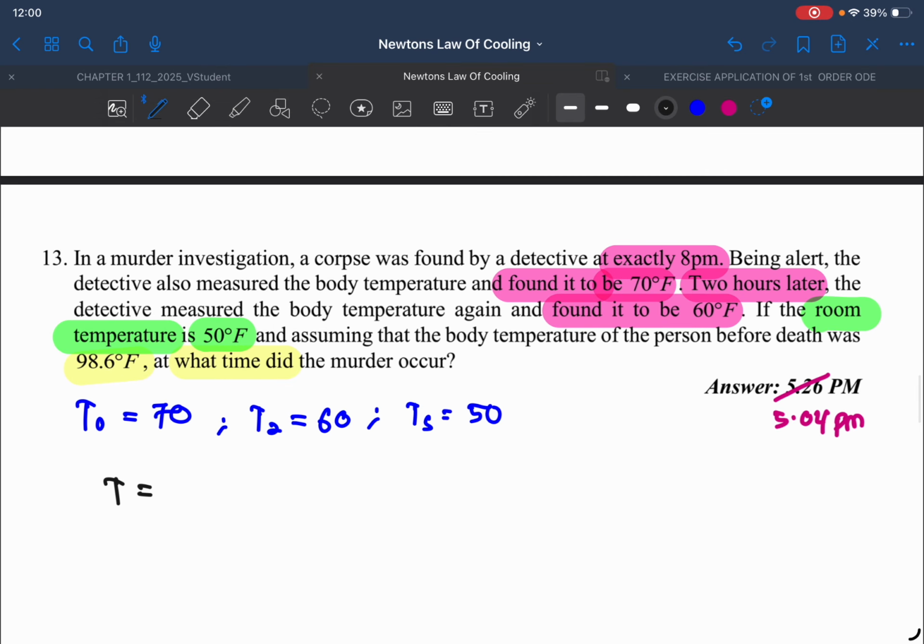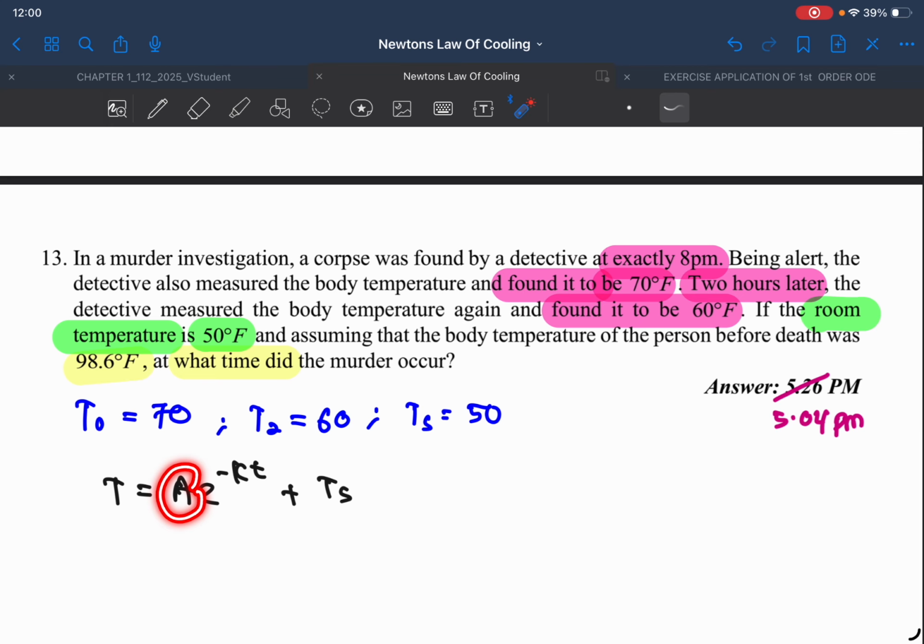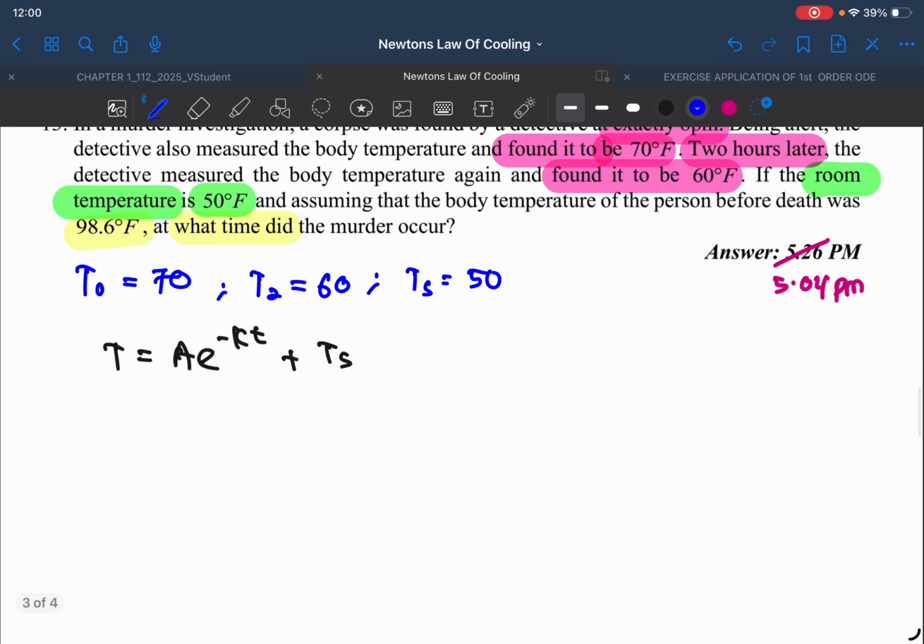Now by using the same formula, T is equal to Ae^(-kt) plus TS, we want to find the value of A by substituting our T0 and TS. So now our T0 is 70: Ae^(-k·0) plus TS, which is 50. So therefore our A is equal to 20.